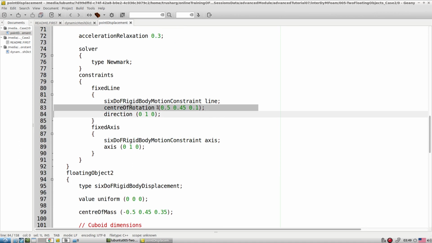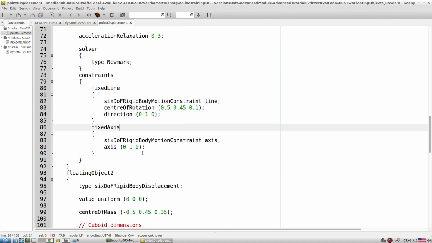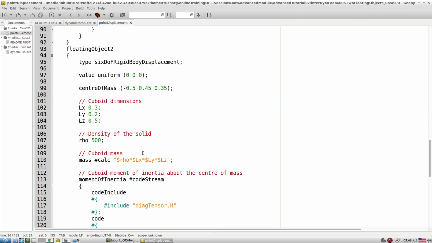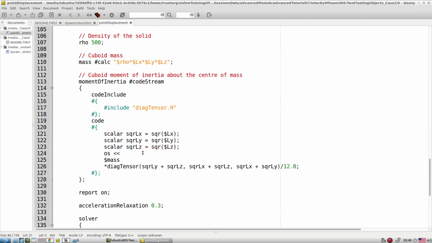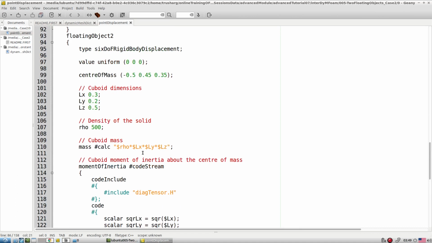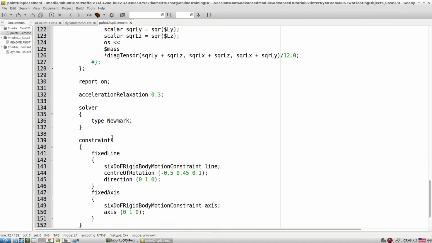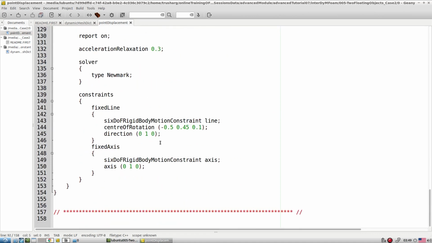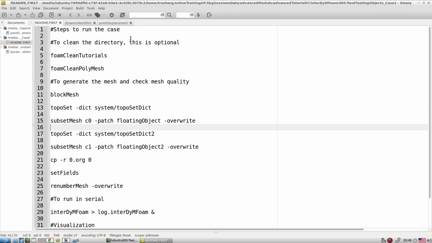In the rotation we are giving the rotations. You can give the rotation to another object and check how it is happening, all this thing. But the idea is that here we have to specify a separate, different entry for each and individual object, and depending on this, in an uncoupled way, you can set the motions or take into account the 6 DOF for each and individual object. Okay, so let's quickly run this case.